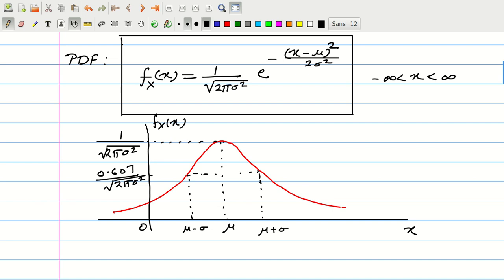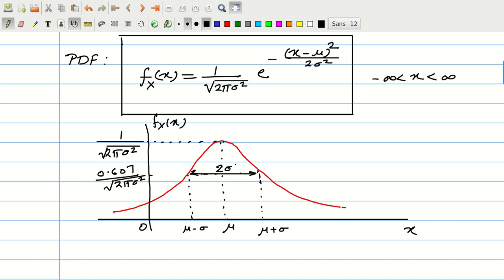These are the points of maximum absolute slope on the PDF curve. This distance is 2 sigma, sigma being the standard deviation, a measure of the spread of the PDF around the mean.